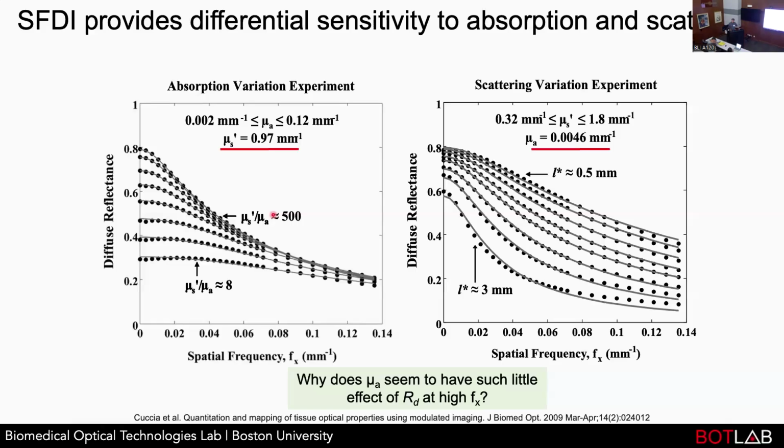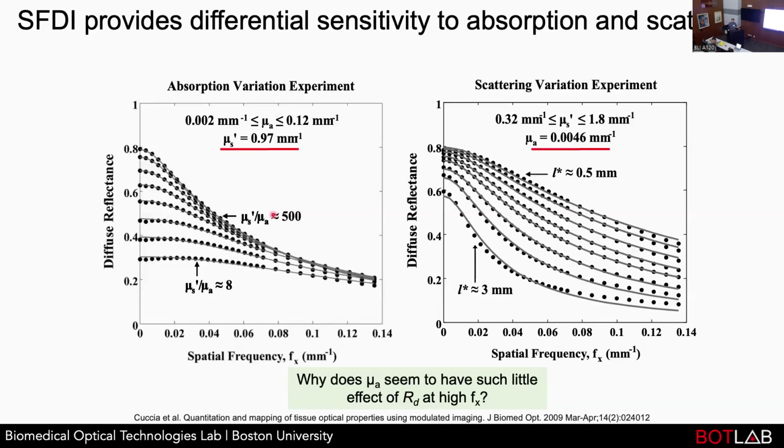But if the lines are really close together, they don't have to interact with the tissue that much before they blur because they're so close together. And so the photons that still retain that carrier frequency must not have traveled that much in the tissue, because if they traveled more in the tissue, they'd get blurred and the information is lost.